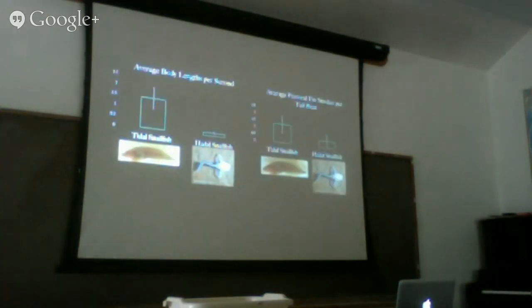So these are the results here, and you'll see that the tidal snailfish does swim faster than the hadal snailfish in terms of body lengths per second, but they're also using more of their pectoral fin strokes. So these are a little bit hard to interpret because you do have some size differences and differences in life history patterns, but this maybe gives an indication that the hadal snailfish is not as efficient of a swimmer as the tidal snailfish.